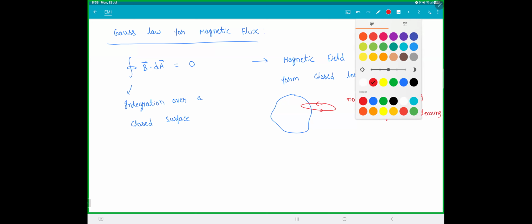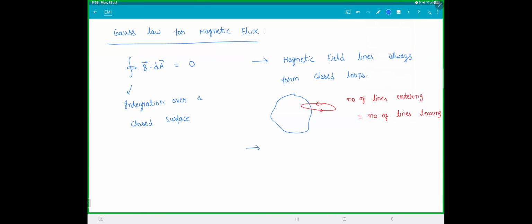Second thing, if you remember in Gauss law, flux is nothing but charge enclosed by epsilon. In magnetism, we don't have anything called charge, but we have something similar. There we have positive charge and negative charge. Here we have North Pole and South Pole, isn't it? North Pole and South Pole is for magnetic field, plus Q and minus Q is for electrostatic field.